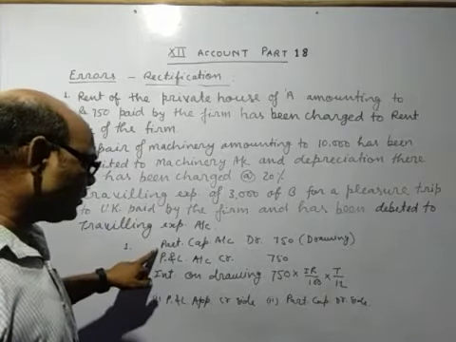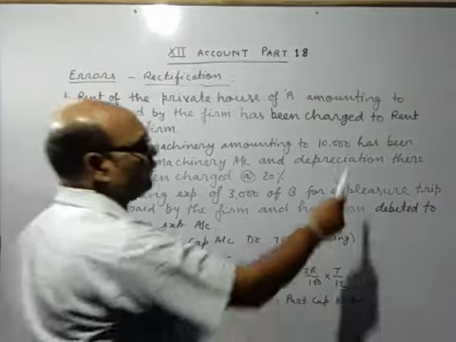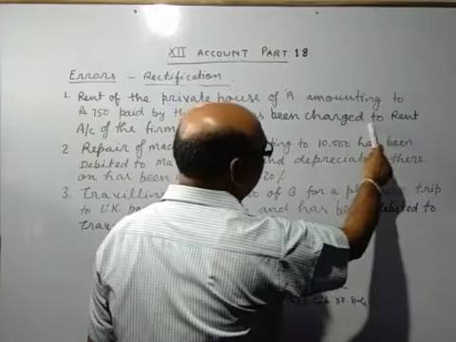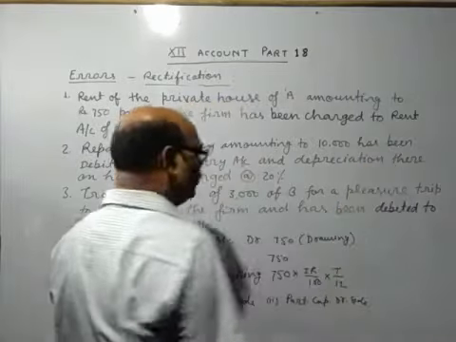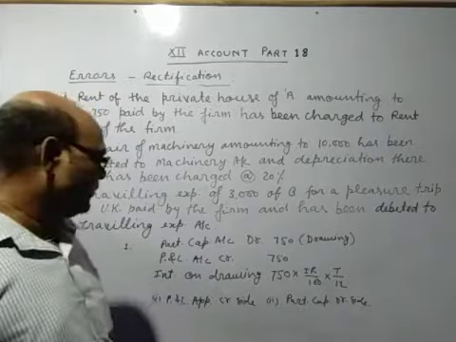So this is A's drawing. A partner's capital account will be debited, and when you make the correction, the profit will be increased by the rent amount, so the P&L account will be credited.